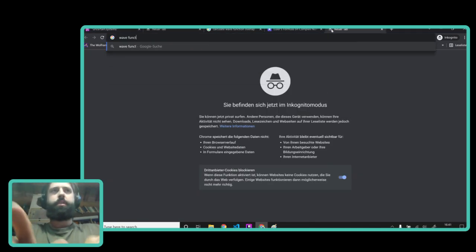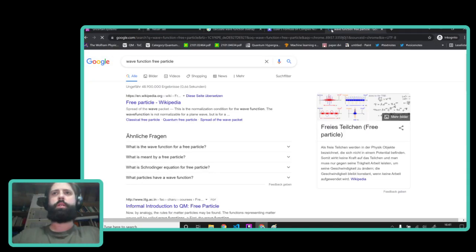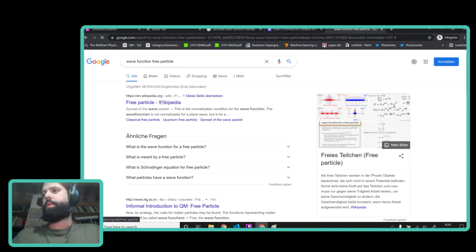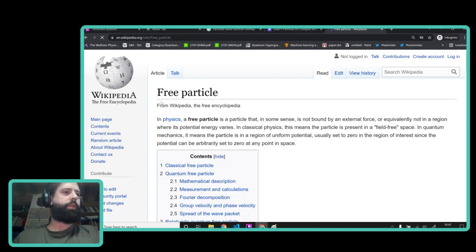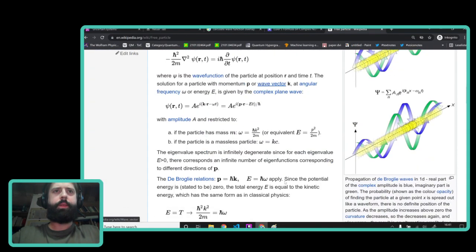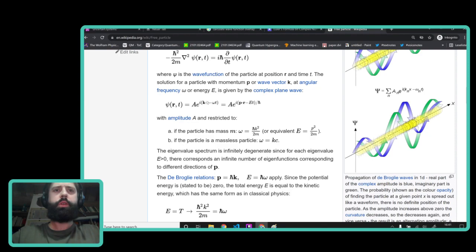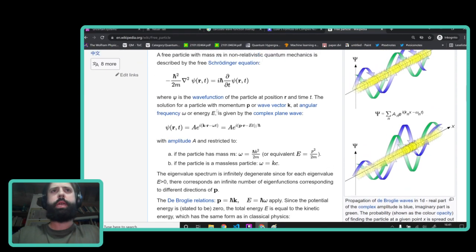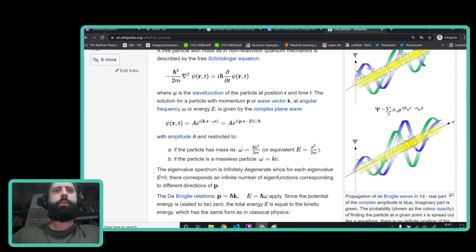Wave function free particle, because that's like angular momentum or something like that, isn't it? Or I don't know, there's something associated to it. Yeah, there you go. You see? There you have the WT thing. Okay, so that's where it comes from.